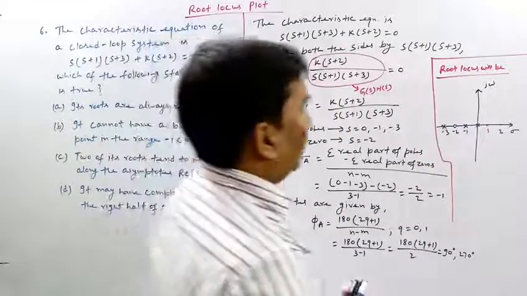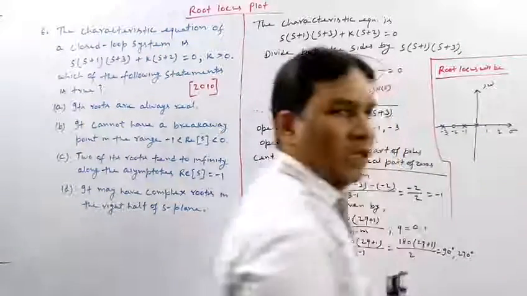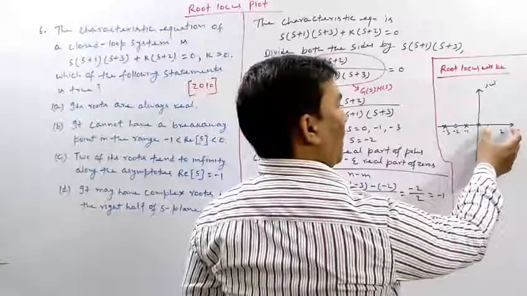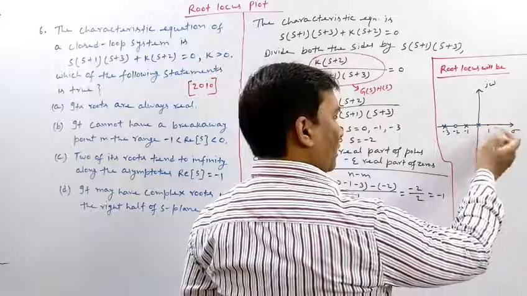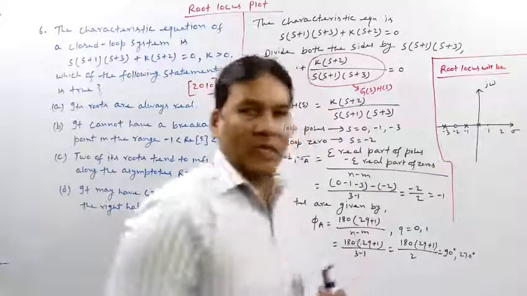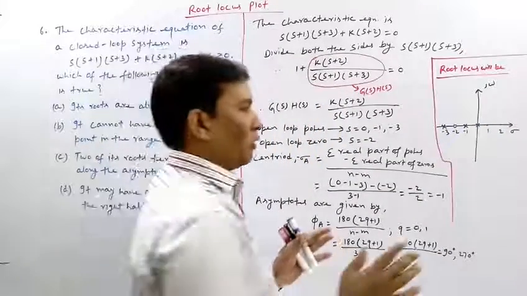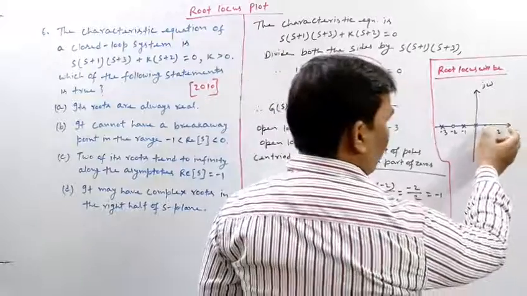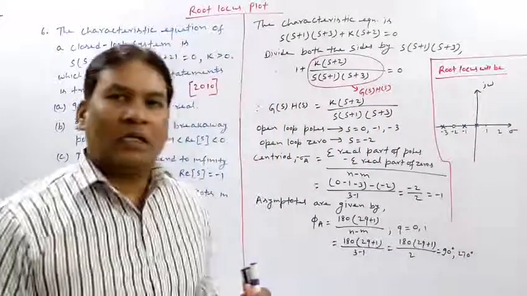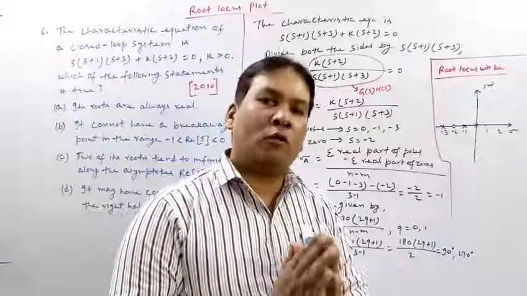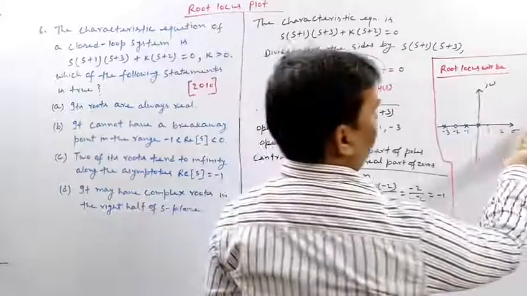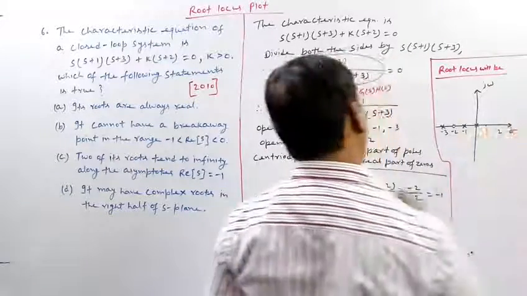Now let us see which part of the real axis will be a part of the root locus. The right half of the real axis will not be a part of the root locus, because to the right of it there are no poles and zeros. So this will not be a part of the root locus.